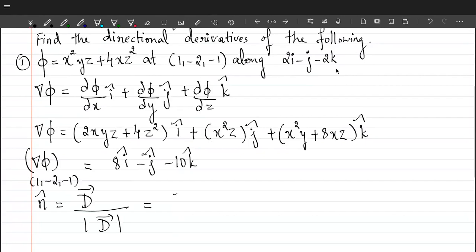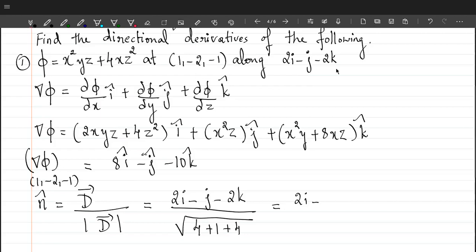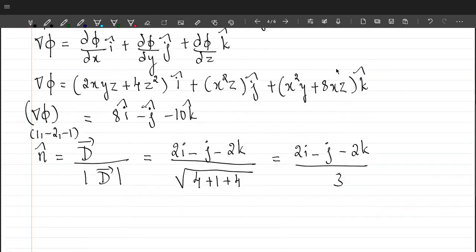Magnitude of this will be 2 square, which is 4, 1 square, which is 1, plus 2 square, which is 4. 4 plus 4, 8 plus 1, 9. So root 9, which is equal to 3. So you should get 2i minus j minus 2k divided by 3. So this is the value of n cap.